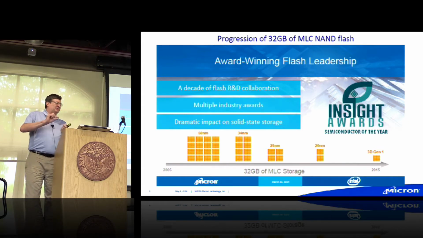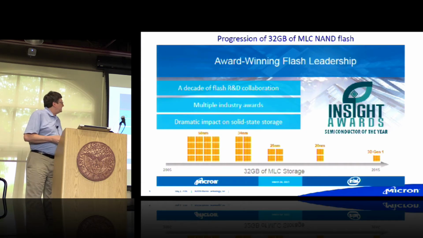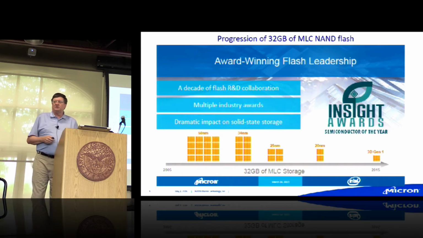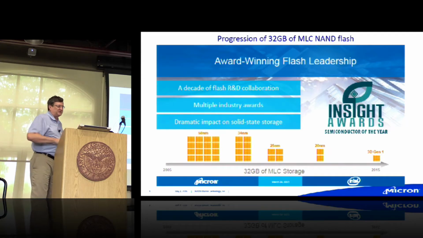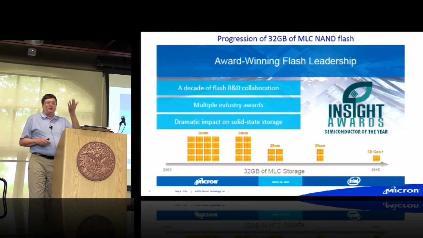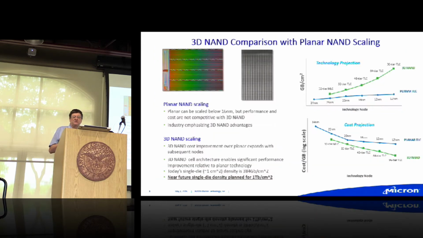You could package them 16 high or 4 quad packages, take your pick. But we needed that many just to get 32 gigabytes of MLC storage. TLC is, of course, a different chart, but this is MLC. And then we went to 34 nanometer, 25, 20, and now here we are at 3D with a single die holding that much.